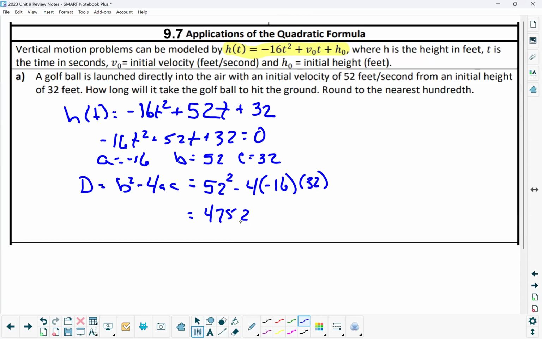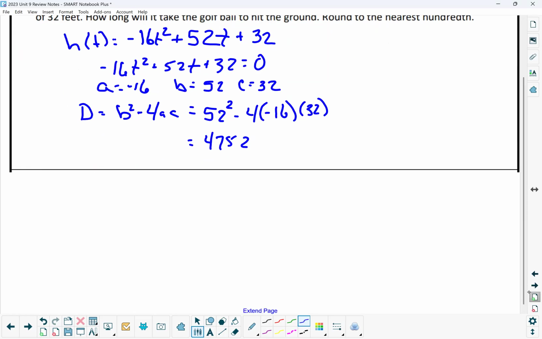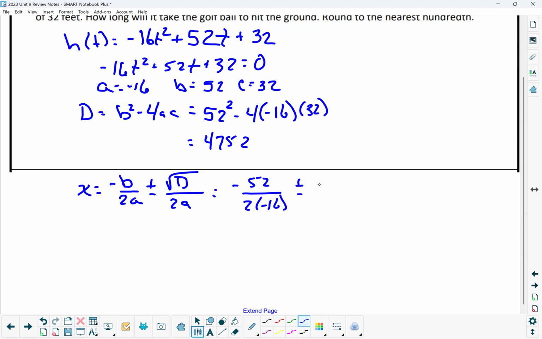Once I have the discriminant, I can then go to the quadratic formula. Opposite of B over 2A plus or minus the square root of D over 2A. So the opposite of 52 over 2 times negative 16 plus or minus the square root of 4752 over 2 times negative 16.